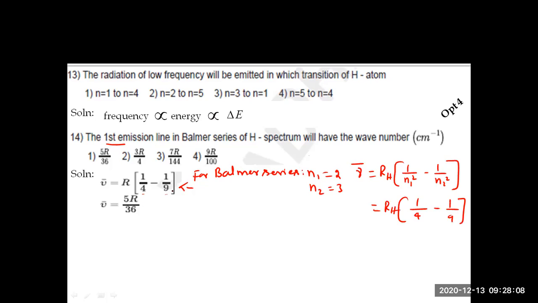Okay. Now what is the LCM? 36. Numerator 9 minus 4, 5 by 36 times the R. Correct? So 5 by 36 times the Rydberg constant RH. They have given it as R. So option 1 itself is correct.